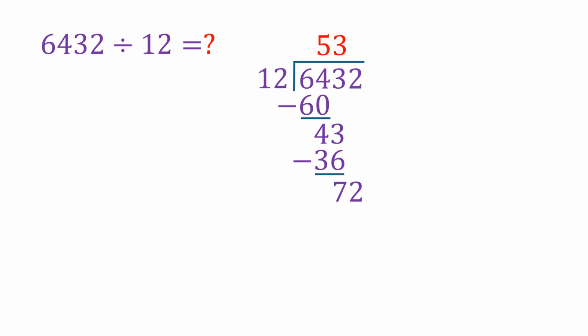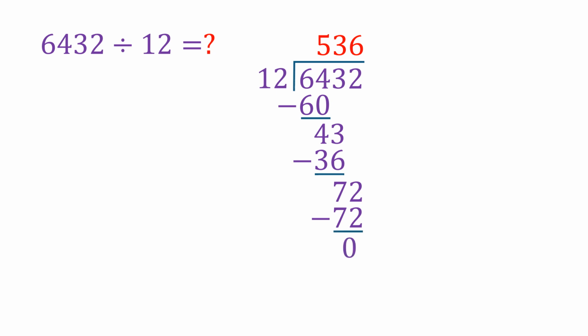If you multiply 6 times 12, it's exactly 72. If it's the exact number, then you put it there, 6. And 6 times 12 is 72. If you subtract this, you will end up with 0.